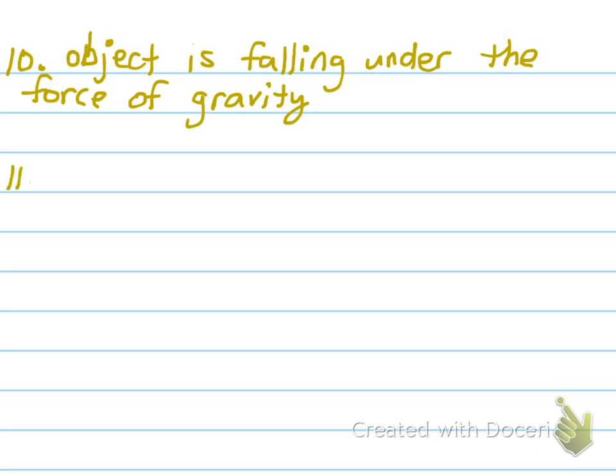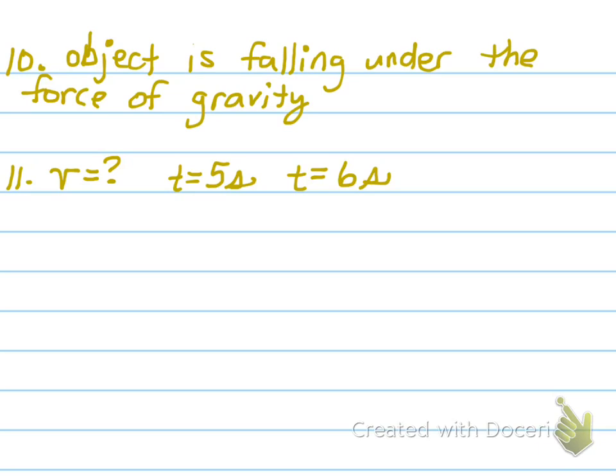Number 11, for a freely falling object dropped from rest, what is the instantaneous speed at the end of the 5th second of fall and the 6th second? So I want to know my velocity or speed, right? I can use those interchangeably when the time equals 5 seconds and when the time equals 6 seconds, okay?